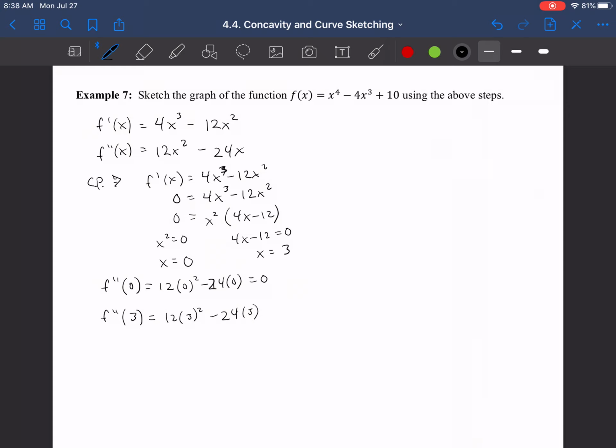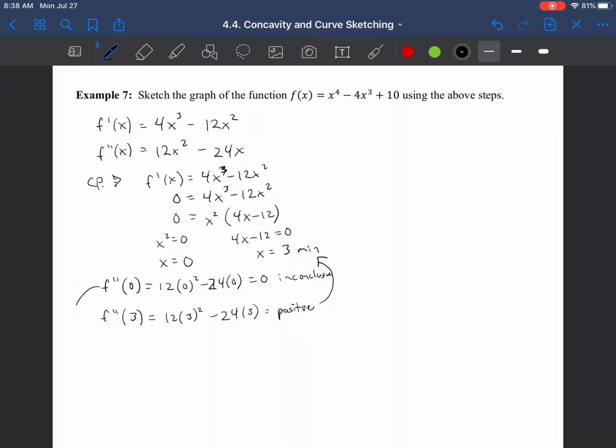And so this is going to be something positive. And therefore, if that is positive, we know it is concave up. We know that this is a minimum. So that tells us this is a minimum value right there. But we're inconclusive here.